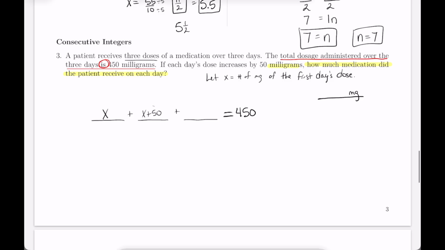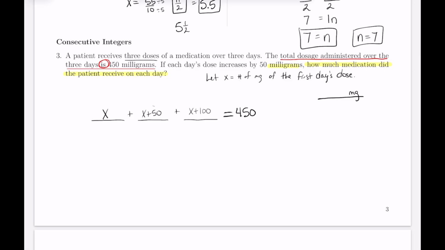So I have X plus 50 and I need 50 more than that. That's X plus 100. So I have my first day's dose, my second day's dose, and my third day's dose. Each one is increasing by 50. And we can verify that once we get our answer.